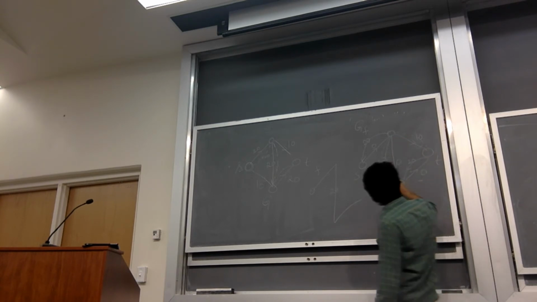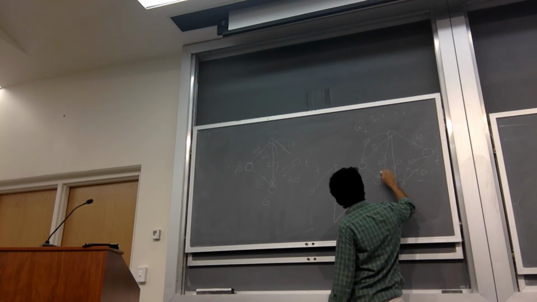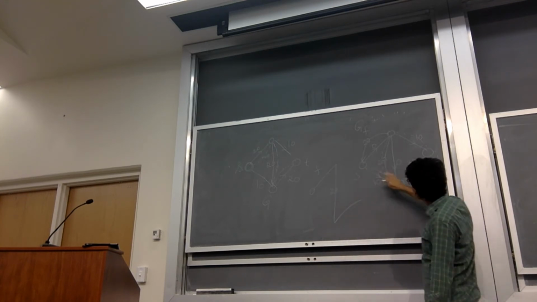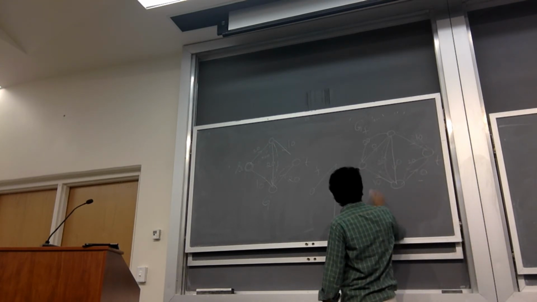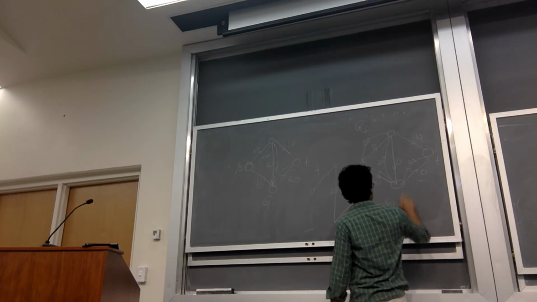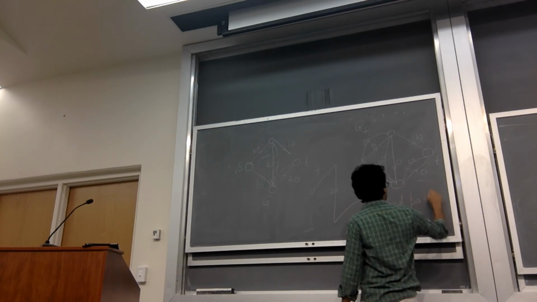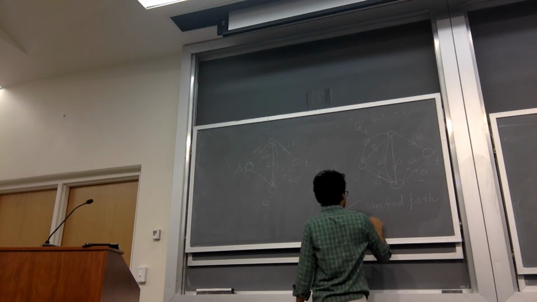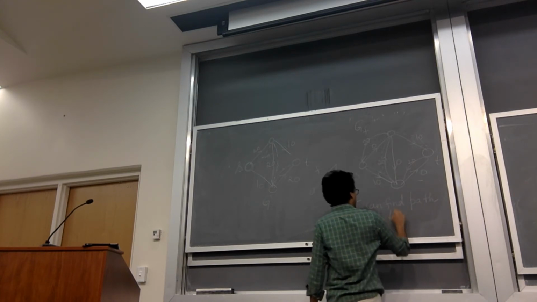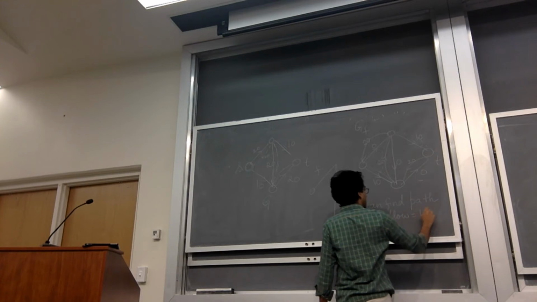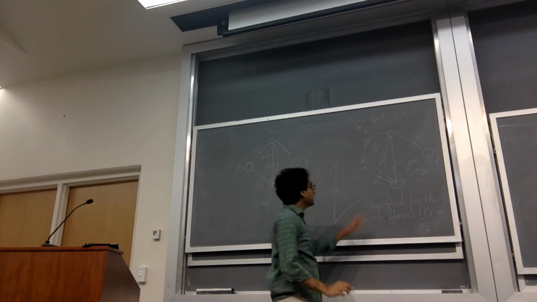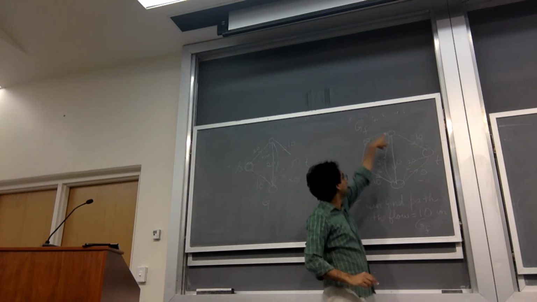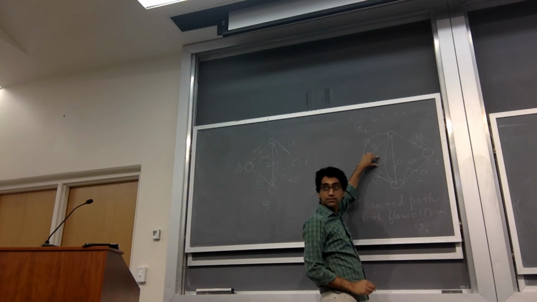Okay, so let's say in this example, I find a path with flow equal to 10 in G sub F. Right, so in this case, this had a weight of 20.